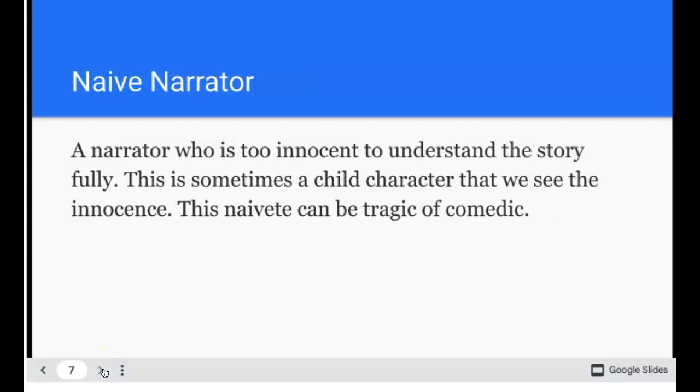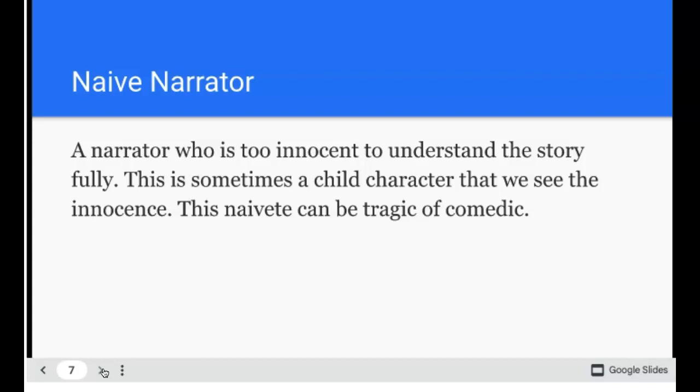A naive narrator is one that would be like a child telling a story. So for sure, this would be To Kill a Mockingbird. The young Scout is telling the story, and she gets so many things wrong. She's so innocent.